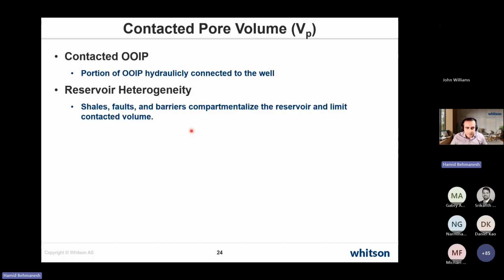We believe that there is a lot of heterogeneity in the reservoir. There could be shale, there could be faults, there could be shale barriers with a thickness of 1 centimeter or less, but the permeability is so low that it makes hydraulic connectivity between different layers almost impossible. Those shale layers are not identified on the seismic map or through logs. The geologists and petrophysicists don't see them.